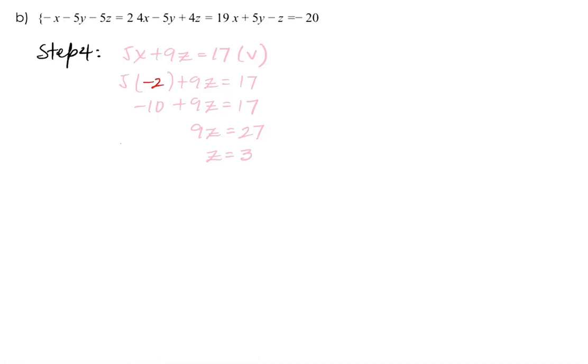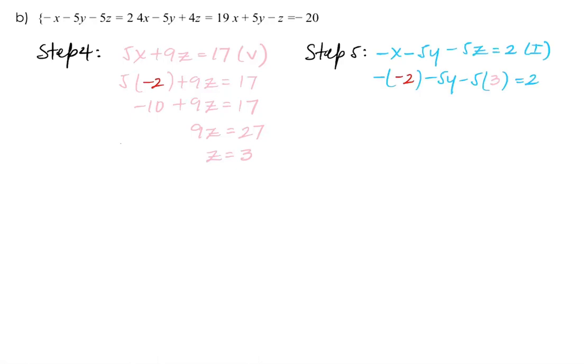Then we can substitute x equals negative 2 and z equals 3 into equation number 1 to find our y. Negative 2 times 2 is negative 4... we get 2 minus 5y, and negative 5 times 3 is negative 15, so that gives 5y minus 13 equals 2. 5y equals 15, and then y equals negative 3.